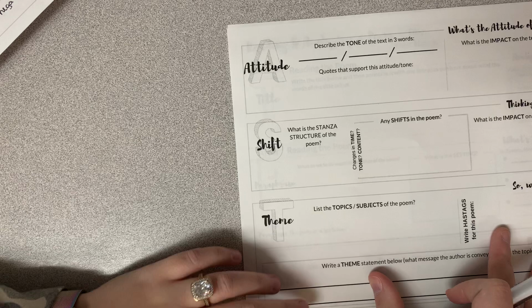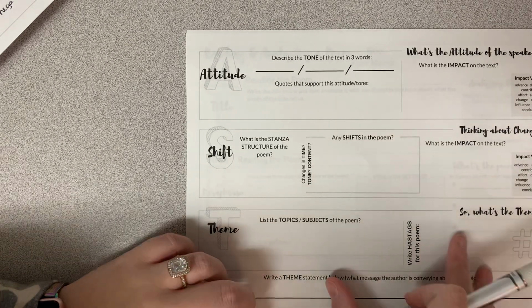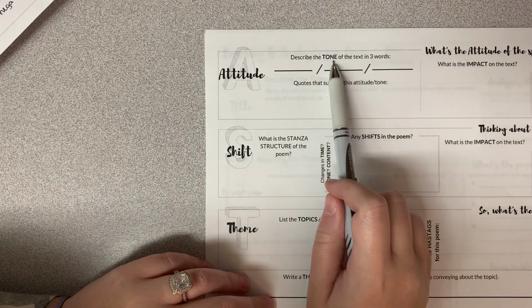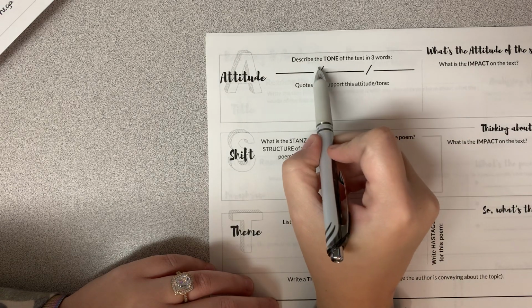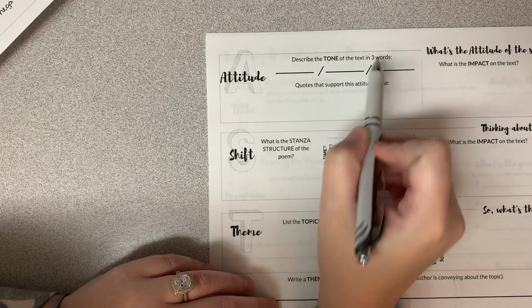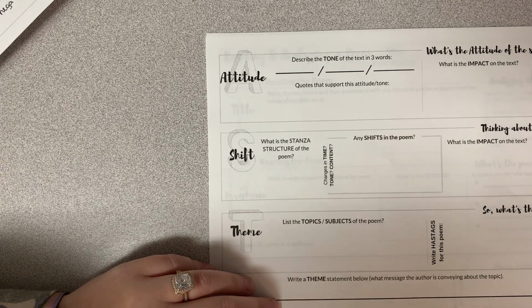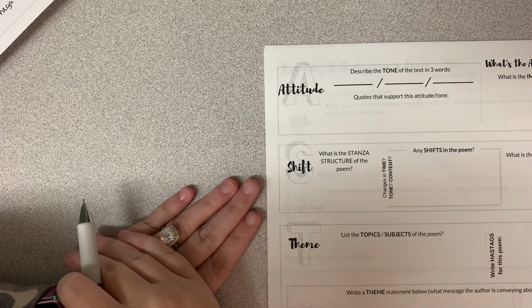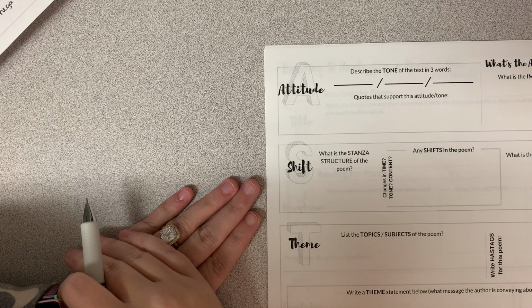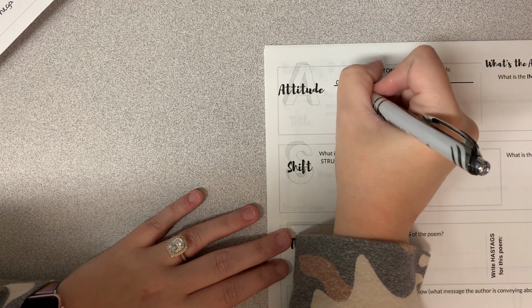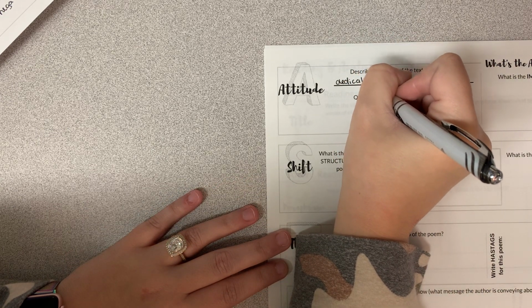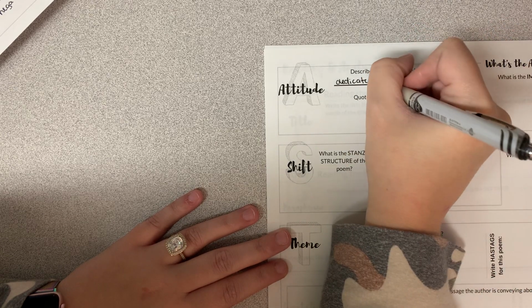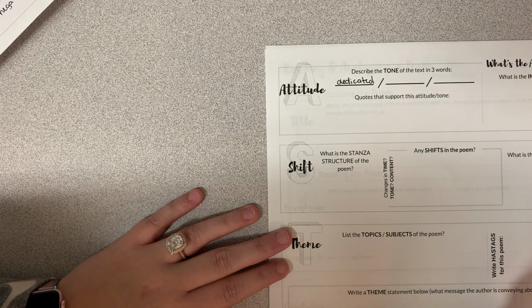Okay. So the second page is starting off with attitude, aka tone. So three tone words that we can use to describe what's going on in a text. We can say something like dedicated, because the poet is dedicated to their idea of love.